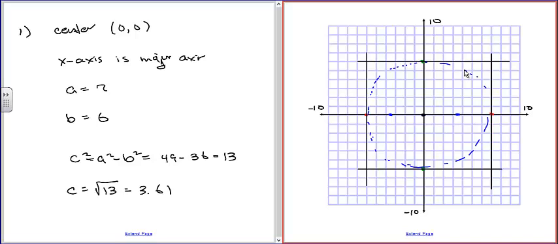Okay, so let's figure out the coordinates here. So we already know the center. That's the one thing we did plot, 0, 0. Now, the vertices are along the major axis, which is the x-axis. So y is 0, because we go horizontally here. 1, 2, 3, 4, 5, 6, 7.